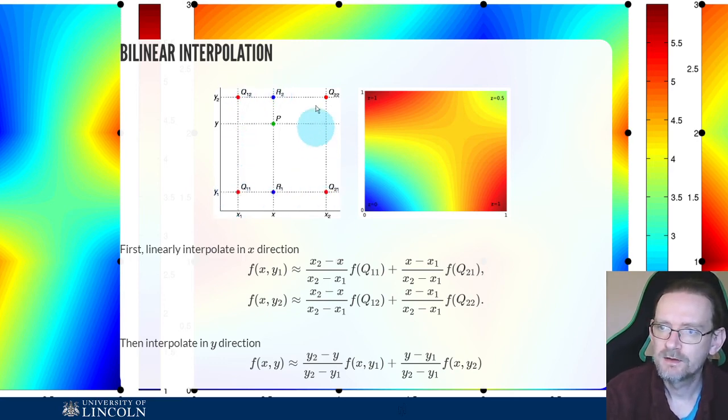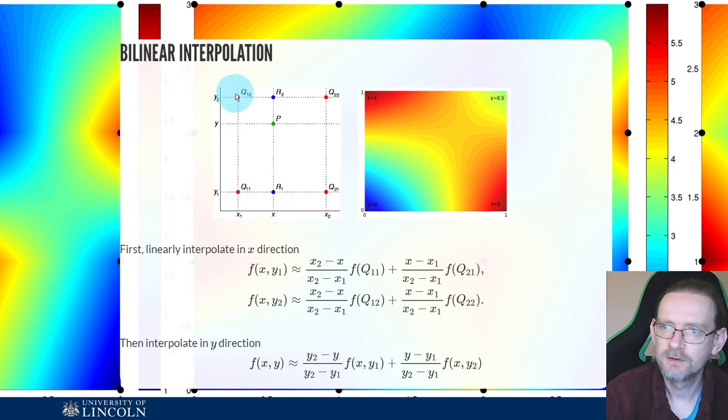So say we've got these 4 points. What we can do essentially is do a linear interpolation in the x direction between this point and this point to get this value R1. So we do a linear interpolation here, which gives us this expression. And then at the top, we can do the same again.